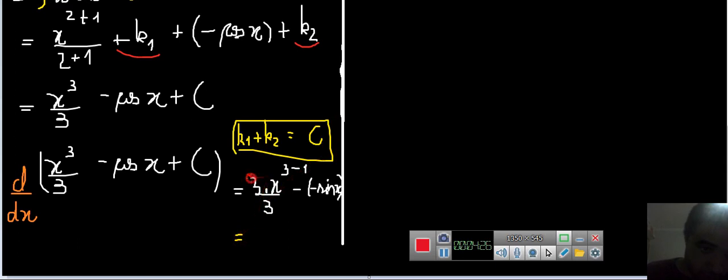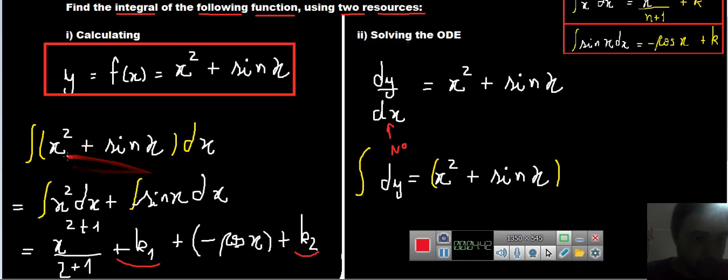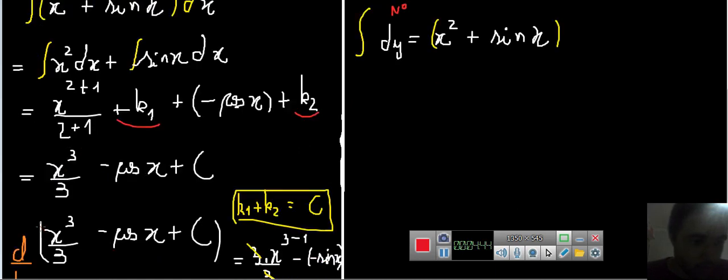And this derivative will be x squared, 3 minus 1, plus sine of x. So this is the real proof that this integral of x squared plus sine of x is equal to this.